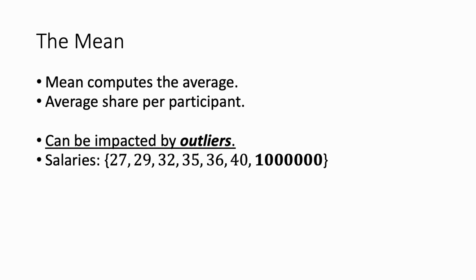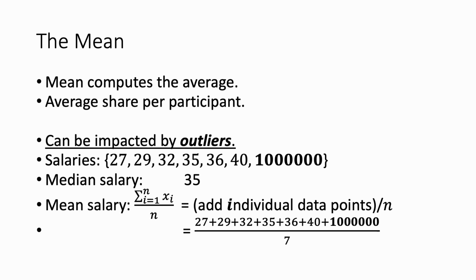Here's an example using salaries. Our data set includes one unusually large value of £1 million. When we arrange the salaries, the median, or the middle value, is just £35. But if we calculate the mean, we have to add up all the values and divide the sum total by the total number of salaries.